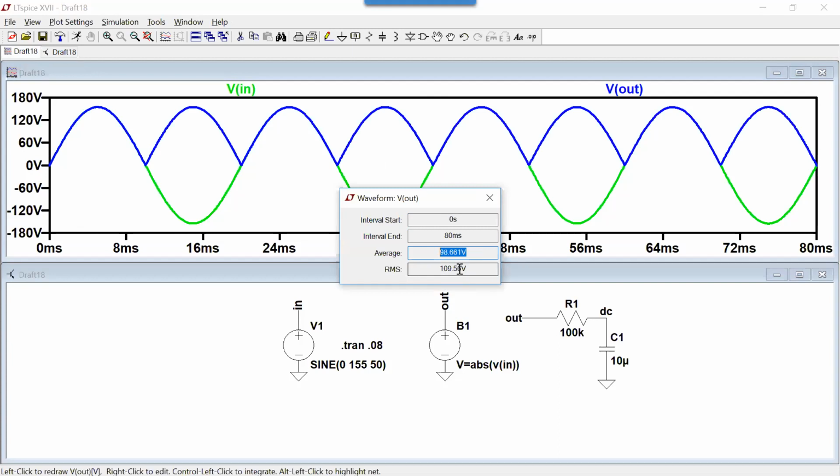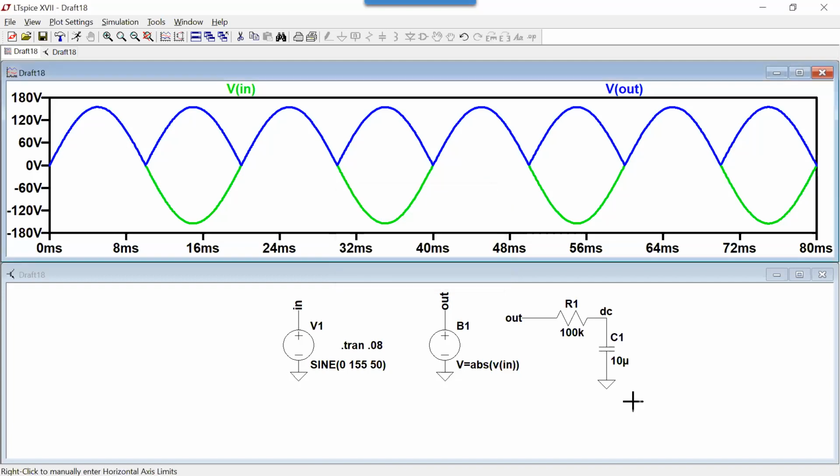So what they're saying is a 155 volt amplitude sine wave has as much energy or power as a 110 volt DC source. Right?